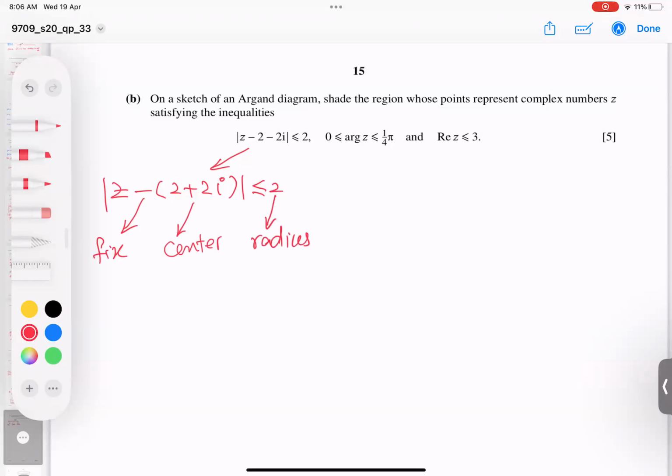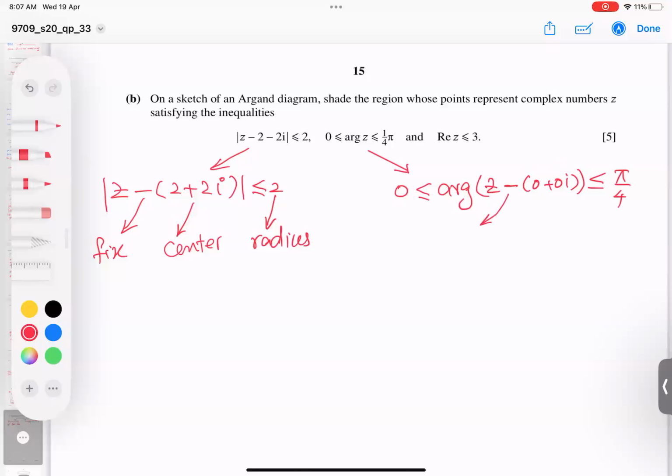This is the circle equation. What other one? The other one is very clear, it is a ray argument. I'm introducing here Z minus 0 plus 0 iota, less than or equal to pi by 4. Actually, I introduce Z because of the formula.